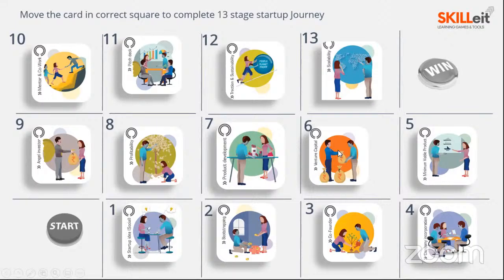Then venture capital, which is funding capital for our startup. Then product development, after gathering the technique for how the product has to be developed. Then we'll see our profitability. After seeing the profitability, we'll look for a private investor, that is an angel investor, who will invest in our work.